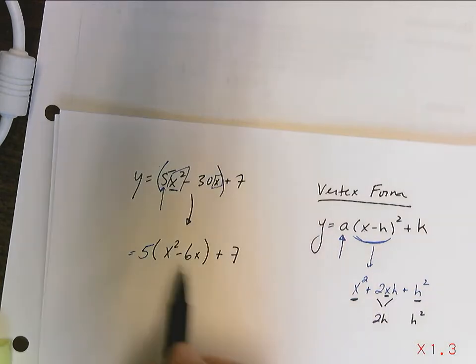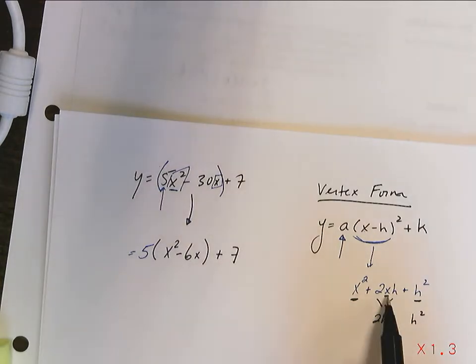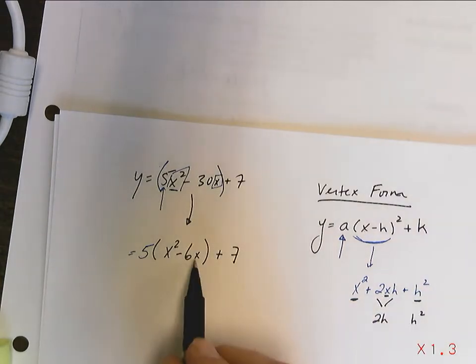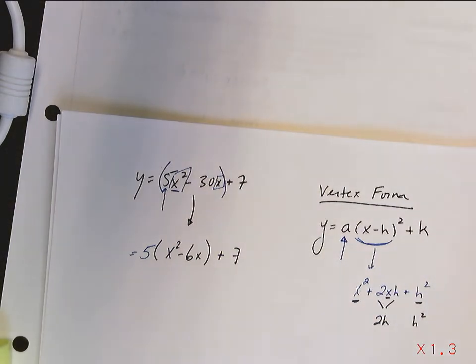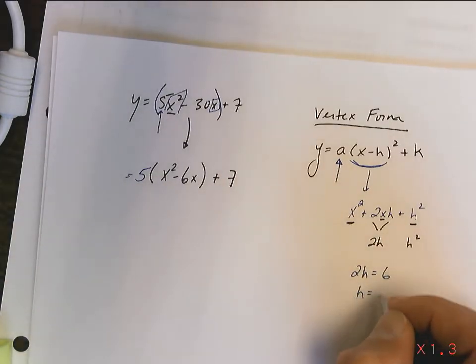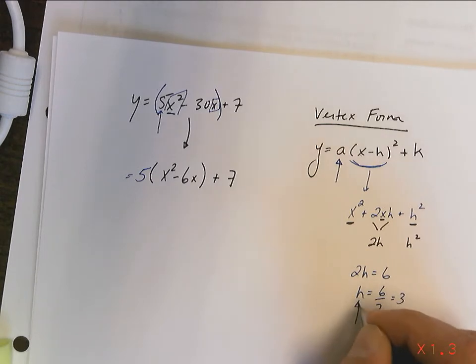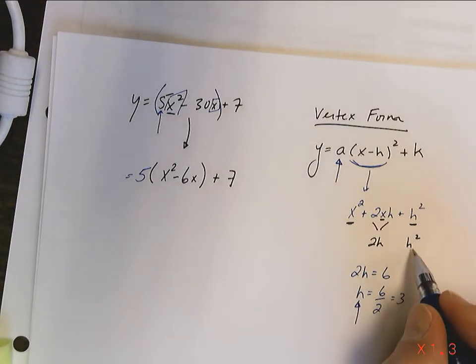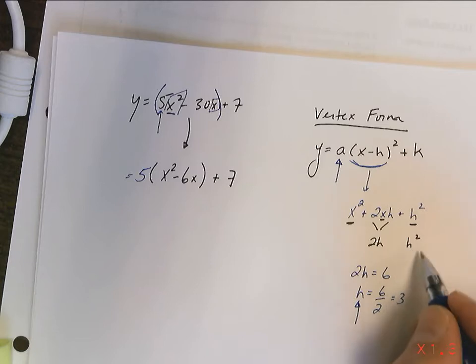So I notice that this number 6 is actually 6x, isn't it? The 6x. So 6 is actually equal to 2h. That's why h is always found by dividing by 2. That's always h. Now, the magic number that we have to add or subtract is actually h squared.